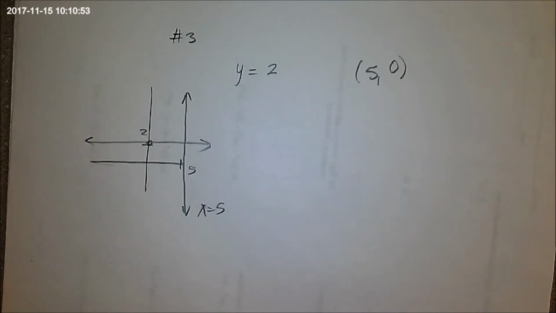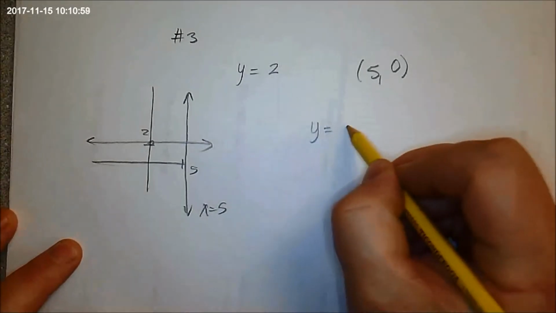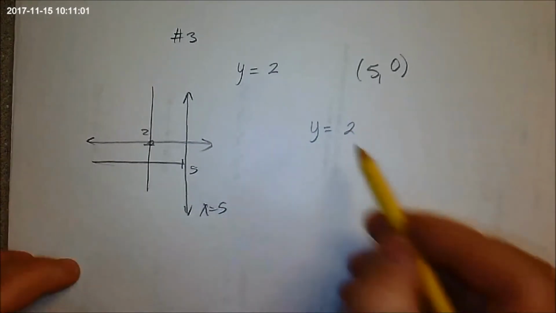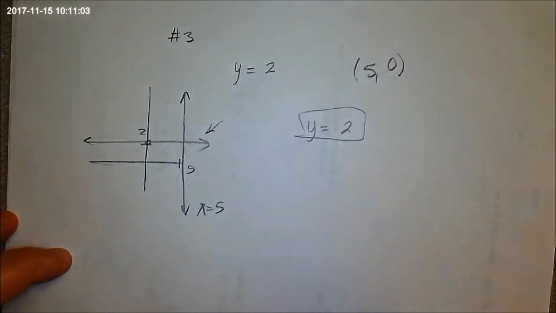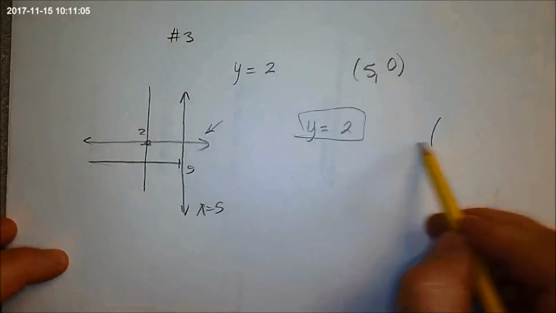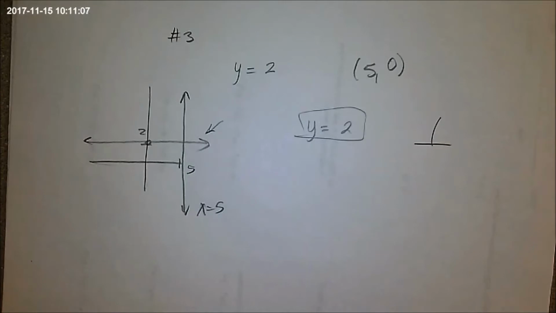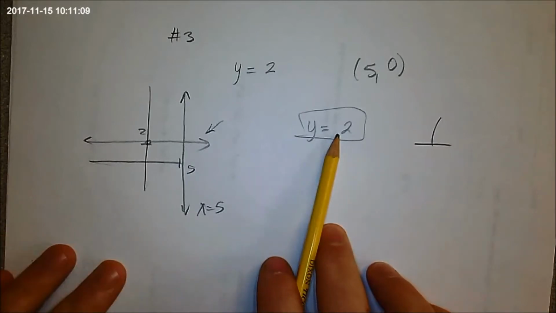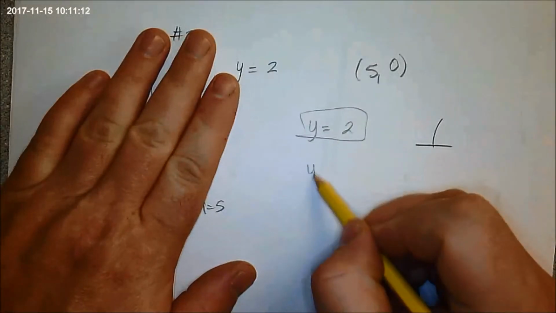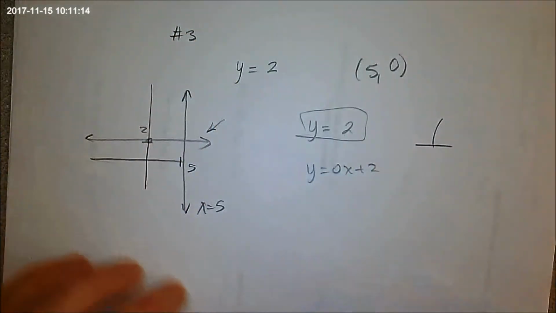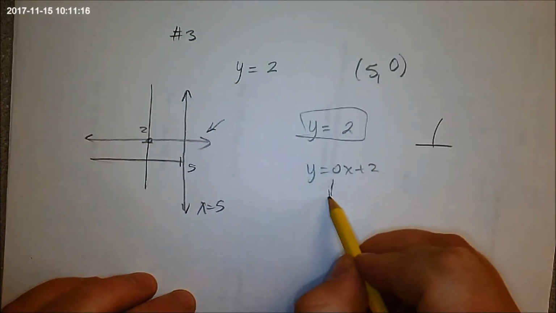So let's talk about this a minute. Let's say you didn't think about that. You know that you have to find the slope of this line. You need its slope before you can figure out what the perpendicular line's slope is going to be, right? What is the slope of this line? 0, yeah, because that's y equals 0x plus 2. So this has a slope of 0.